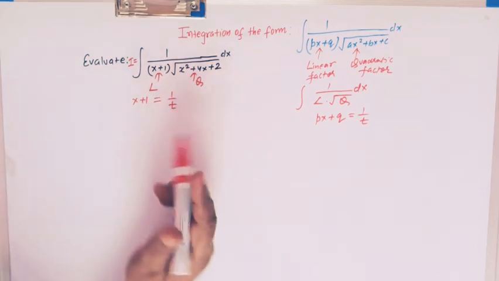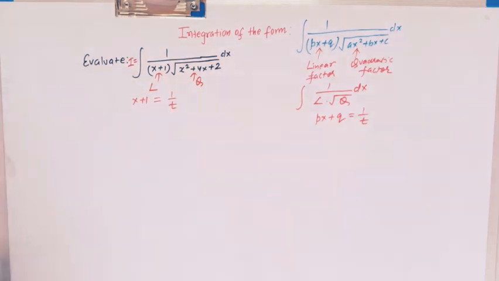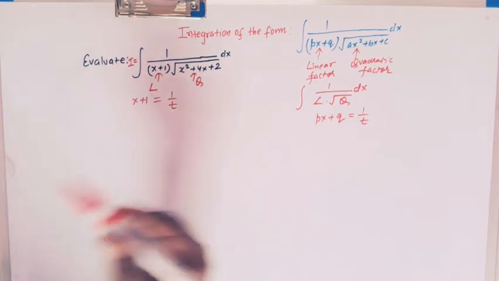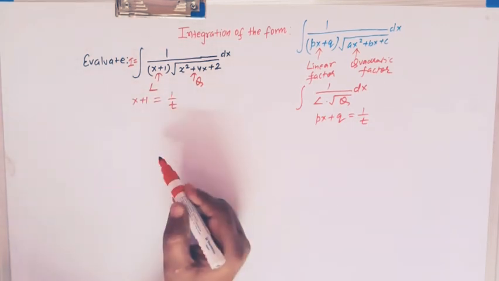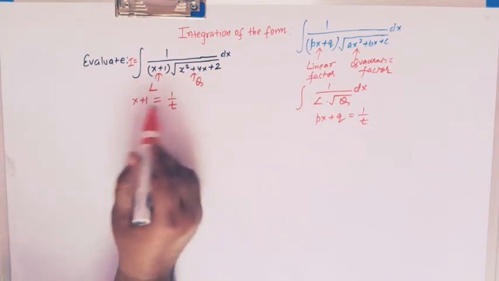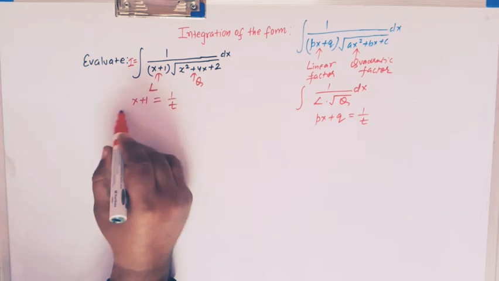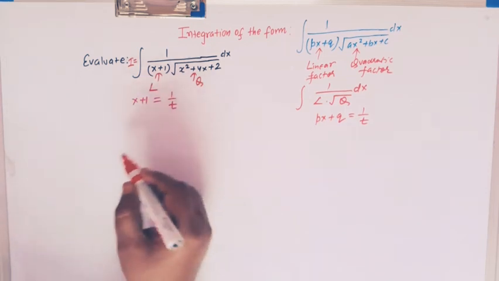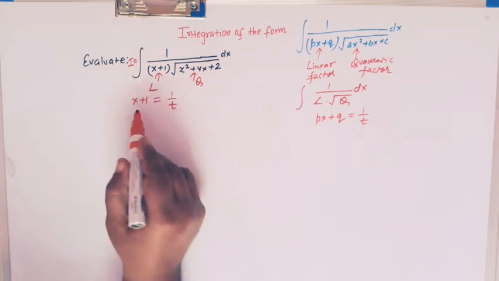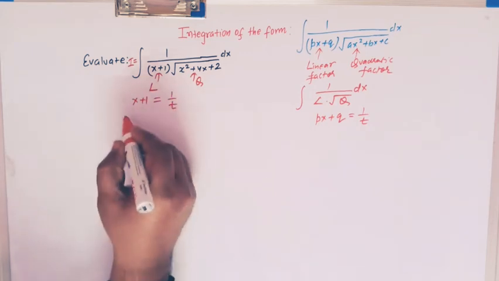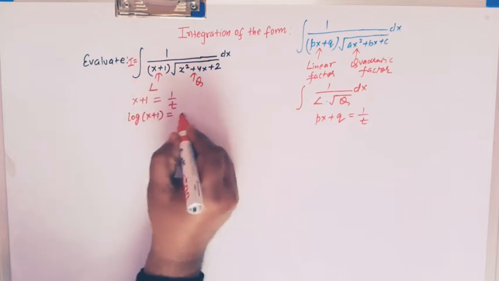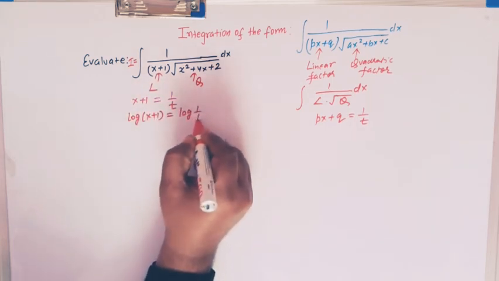Once we have assumed this, we are not going to differentiate it directly as we have done in other questions. What we will do is take the logarithm of both sides. Before differentiating both sides, we'll first take the logarithm of both sides. So we'll have log of (x plus 1) is equal to log of 1 over t.